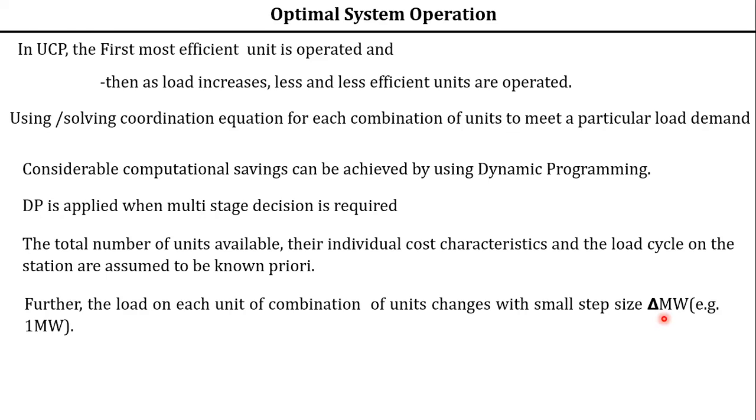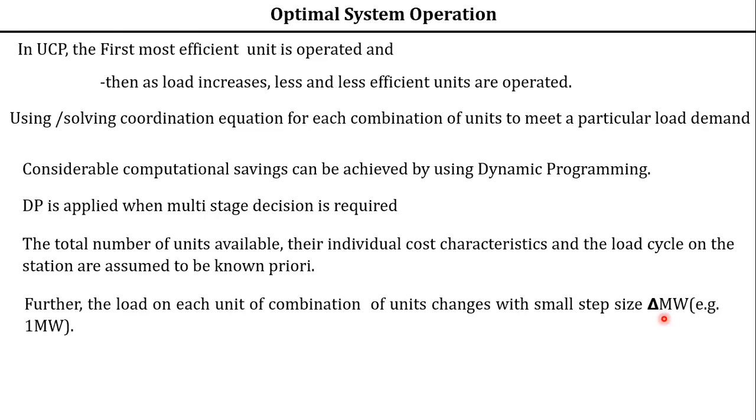This increment should be in a small step size, that is delta megawatt. For example, it may be a step size of 1 megawatt. Some stations, some units, may take 2 megawatts as a step size, or 3 megawatts, 4 megawatts, etc., or 0.5 megawatt. So this step size varies depending on the station.